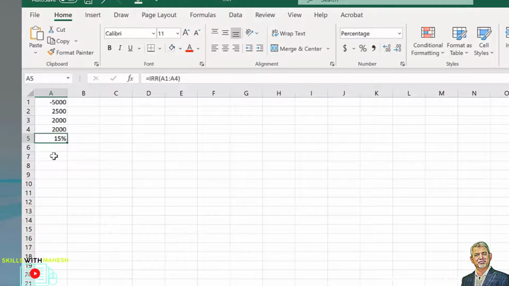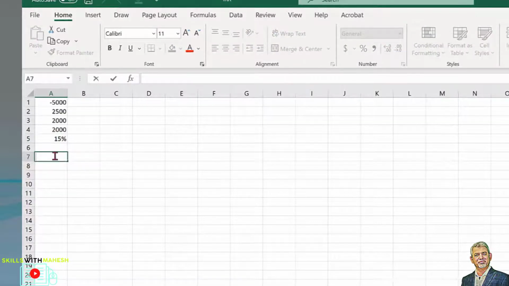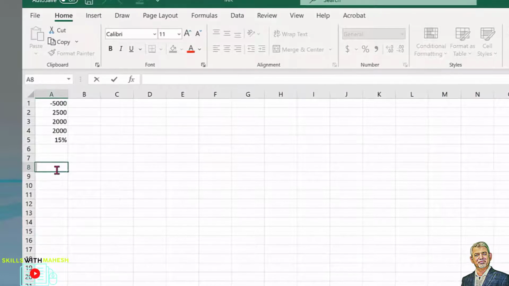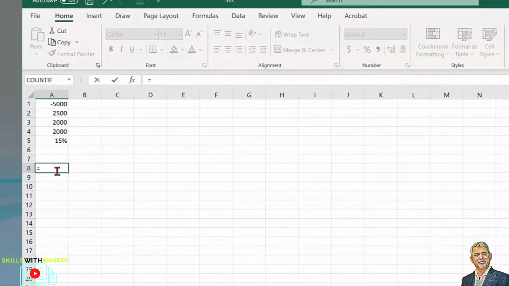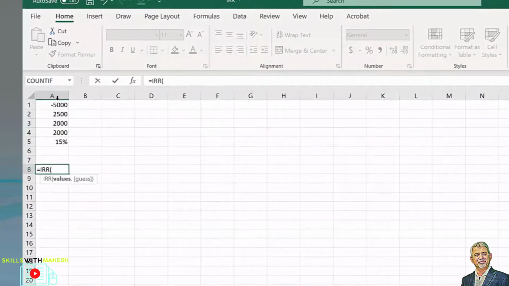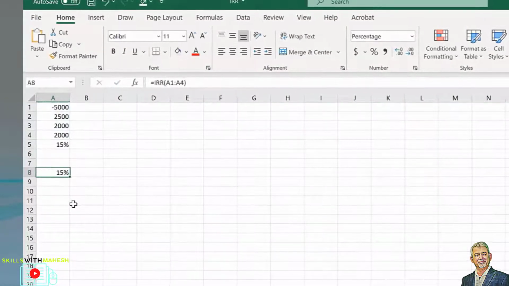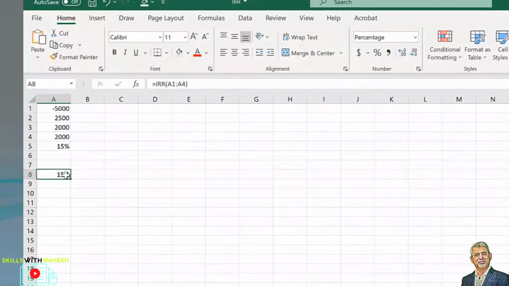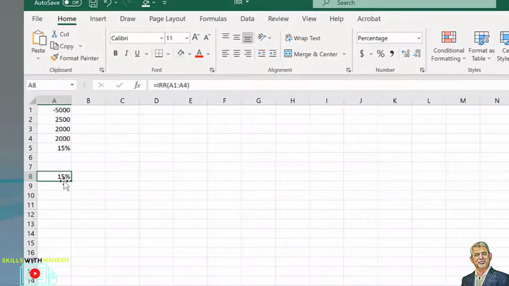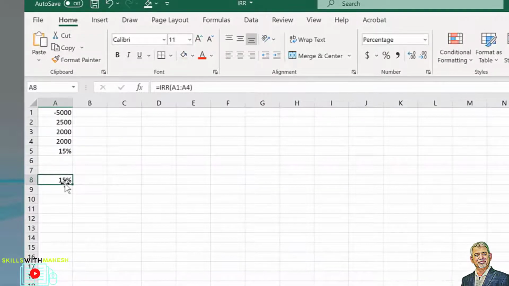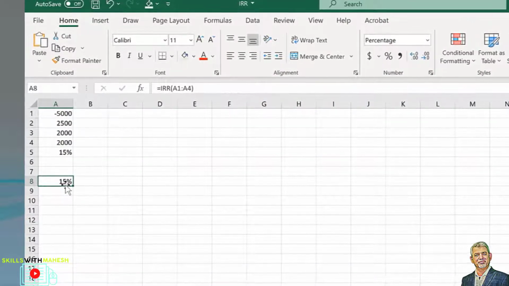For example, I can type here, internal rate of return, for all the positive and negative values, just drag this and put a check mark. Here it is 15%. But if this internal rate of return is 10% or less, he or she won't allot you that project.